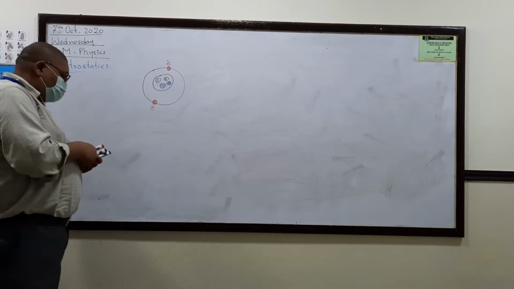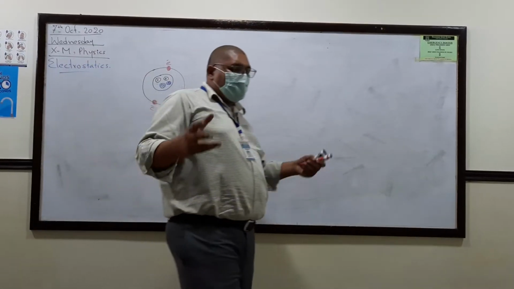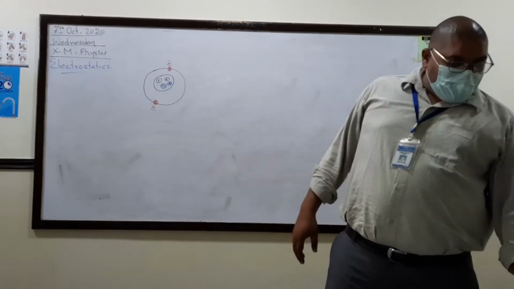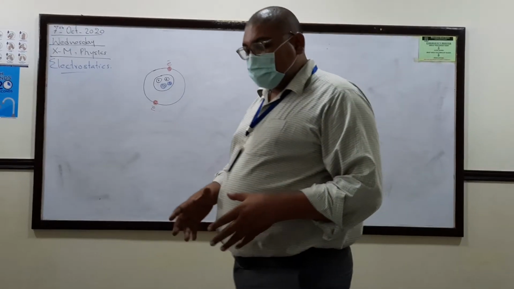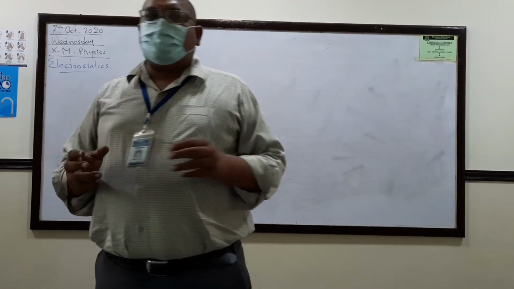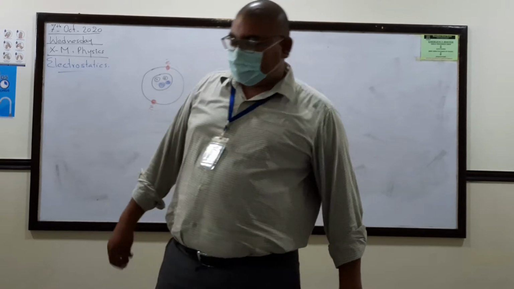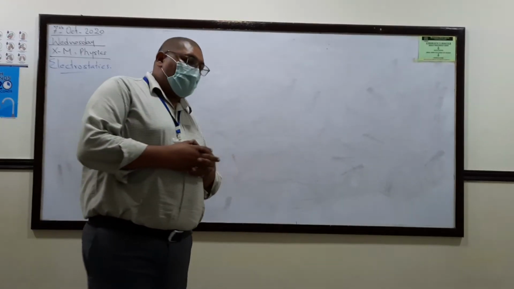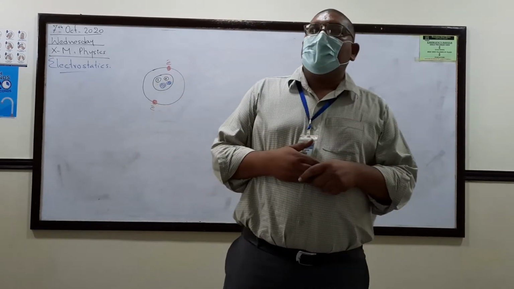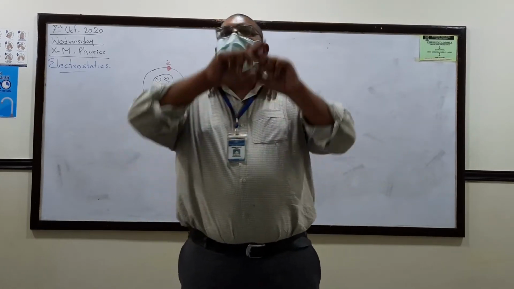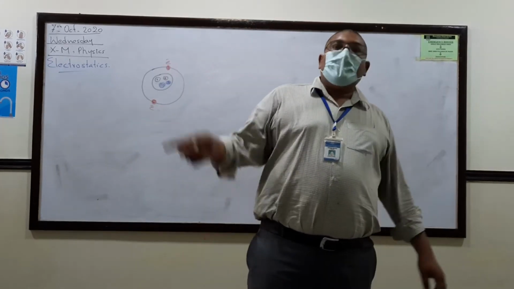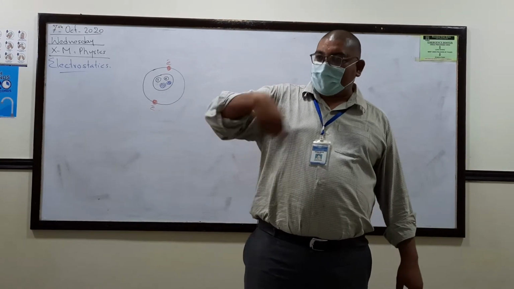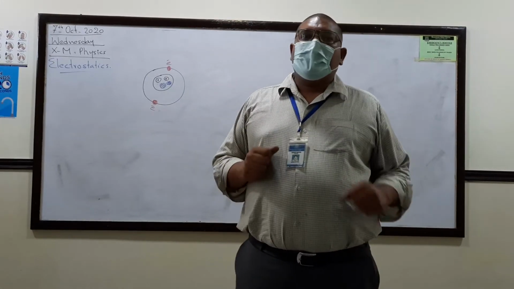You see, every atom has a nucleus. Inside the nucleus we have protons and neutrons, and outside the nucleus in the atom, we have electrons which are orbiting around the nucleus.